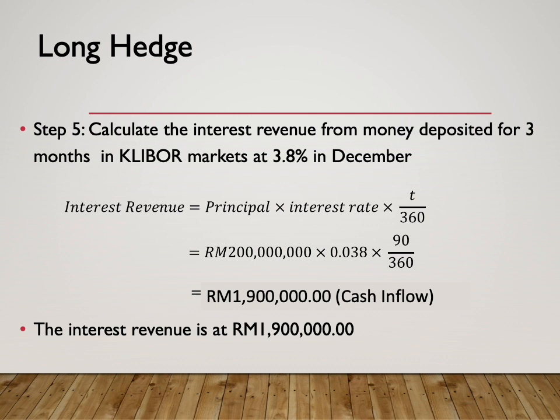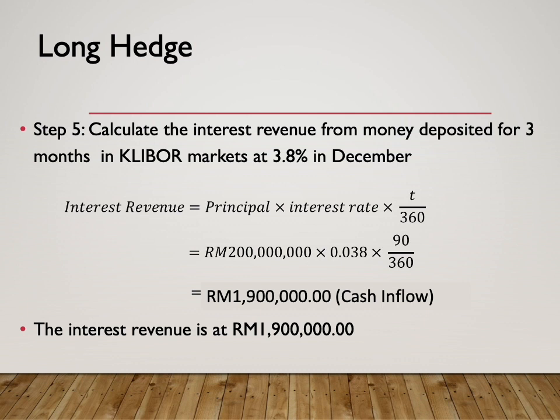The formula for interest revenue is principal times interest rate times T divided by 360. For FKB3, futures Klibor 3 months, the underlying asset is an instrument for 3 months. That's why T for FKB3 is always 90, because FKB3 is a 3 months investment instrument.